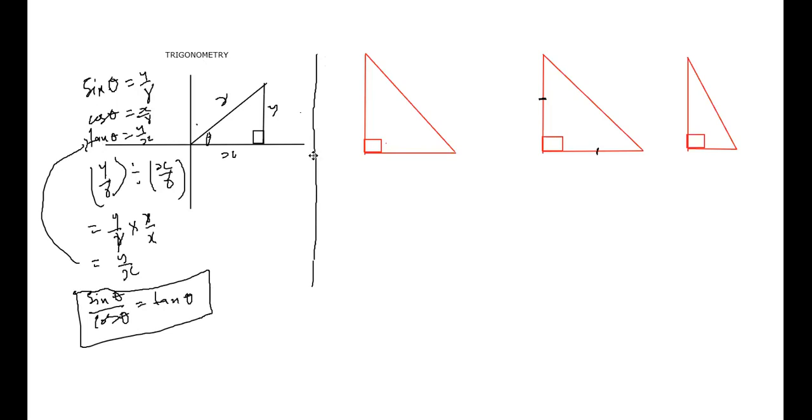Now, I mentioned the fact that we are going to deal with some special triangle angles. We're going to address special angles in this section, and that's why I have drawn these three red triangles here. One thing that you should note, we've got 90 degrees angles. Very good.